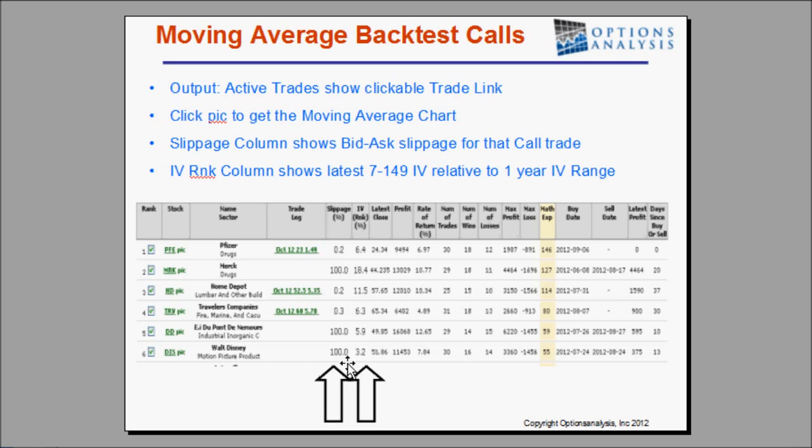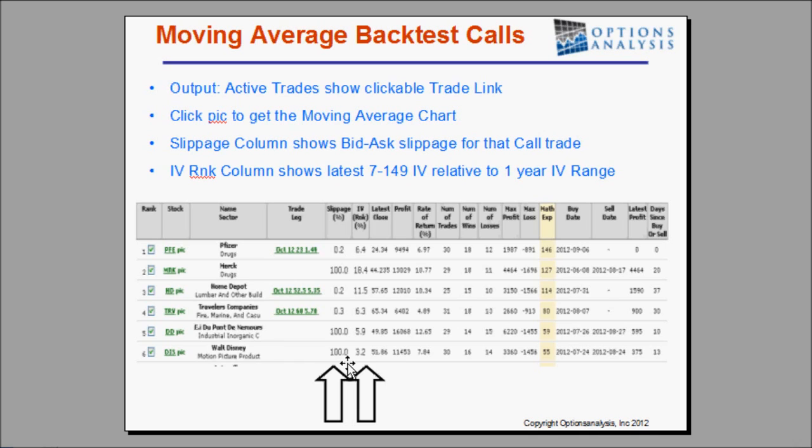The IV ranking grabs the latest 7 to 149 day implied volatility value for this particular stock, calculates where it's located in the 1-year IV range, and computes that as a percentage, where 0 would be at the bottom of the IV range and 100 would be at the top. These numbers are all very much towards the bottom, below 20%, most of them below 10%.